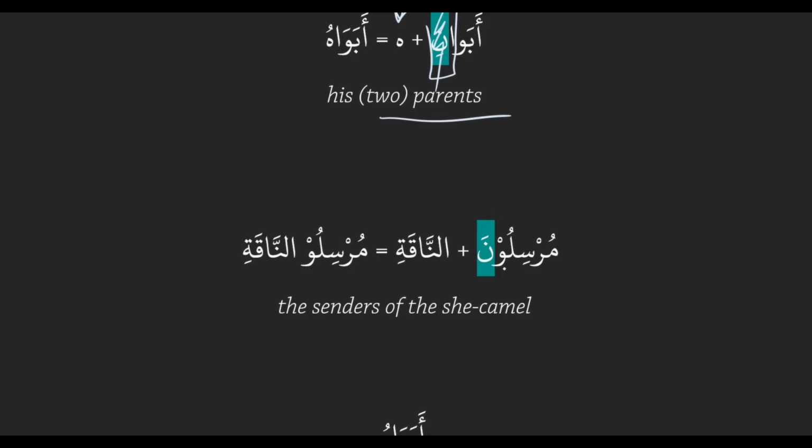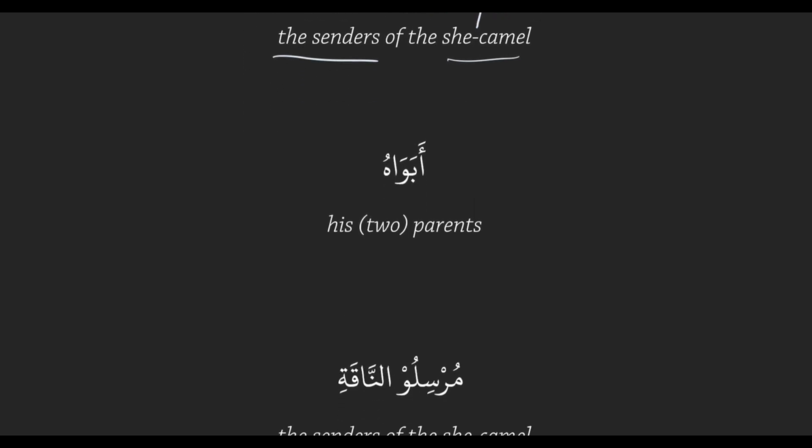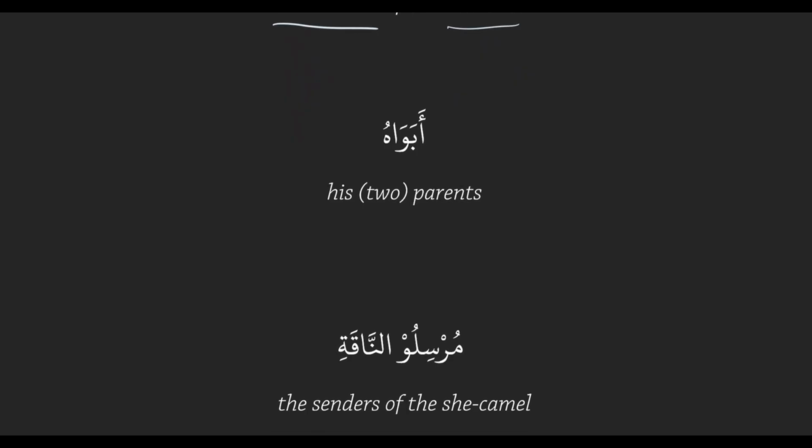The una, the plural doer label, plus an naqa. If we turn this into a possessive, the noon will drop. Mursilun means senders, and naqa means she-camel, so to say senders of the she-camel, this noon is going to drop. Do you see that pattern? We end up with abawahu and mursilu naqa.